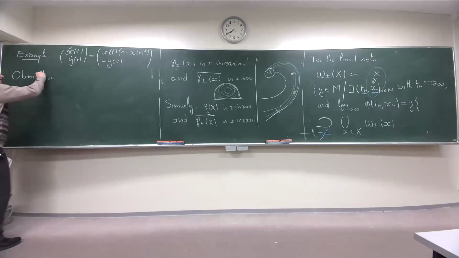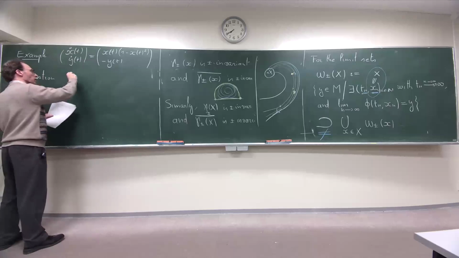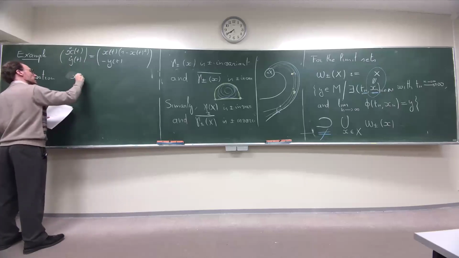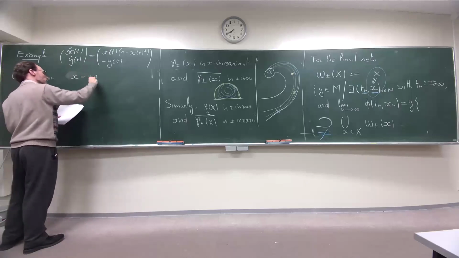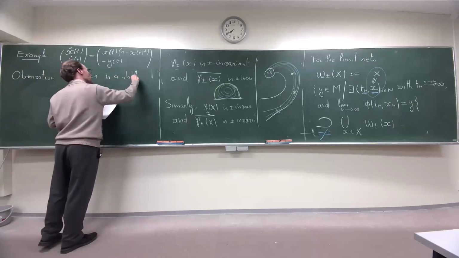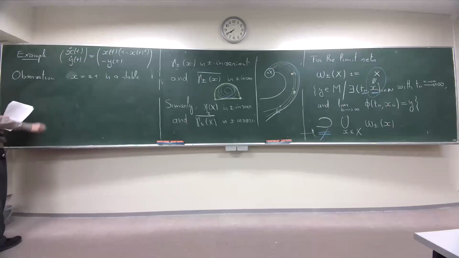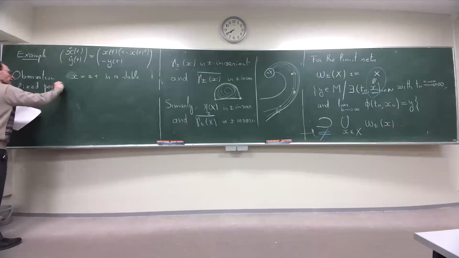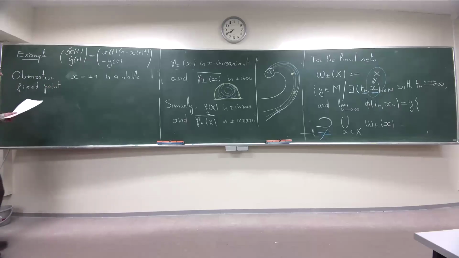So the first observation is that the point X equal to plus or minus 1 is stable. I did not check the stability, but I believe it is a stable fixed point. So you can do it, either by linearizing or by a Lyapunov function.